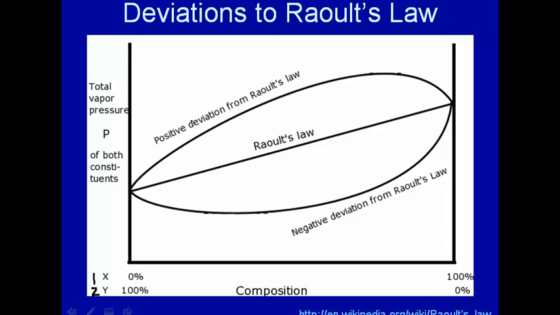You can have what's called positive deviation from Raoult's law, where the total pressure is greater than that you expect from Raoult's law. It's positive deviation. Or you can have negative deviation from Raoult's law, where the total pressure you measure above the solution for a particular composition is less than that you would expect for Raoult's law. If you see this upper or lower curve, then you would conclude that the solutions are non-ideal. And in fact, most solutions you make by mixing two liquid components are non-ideal.